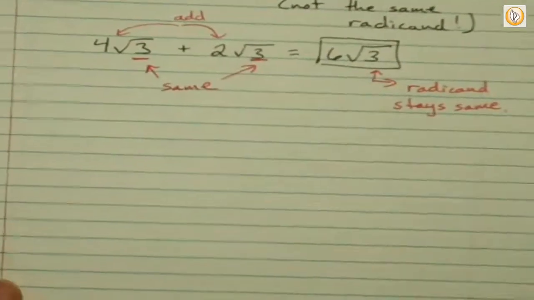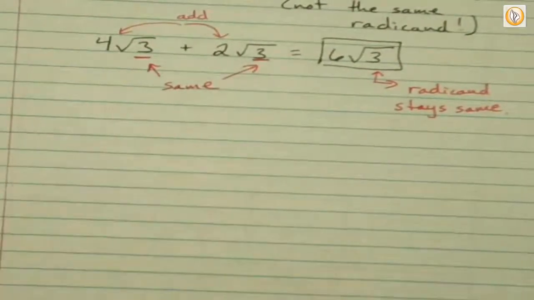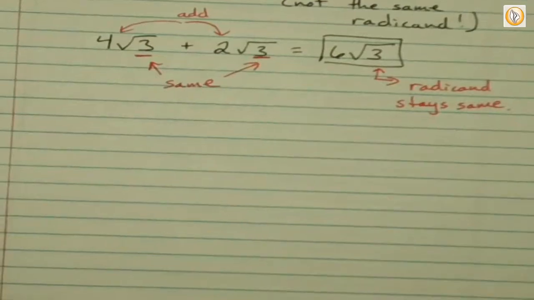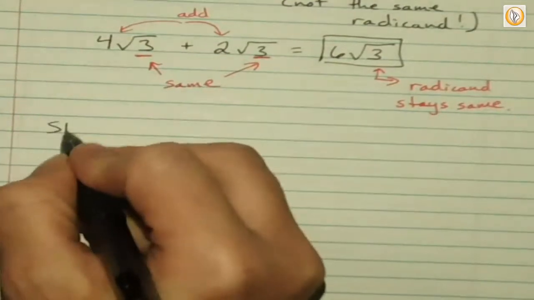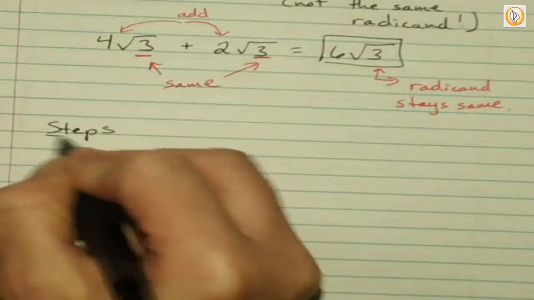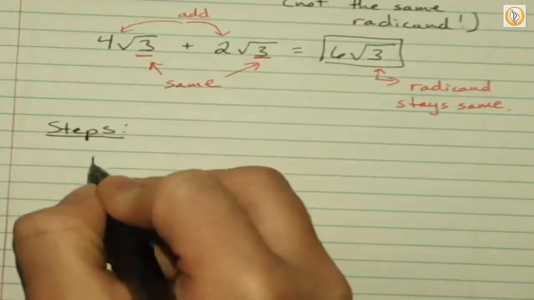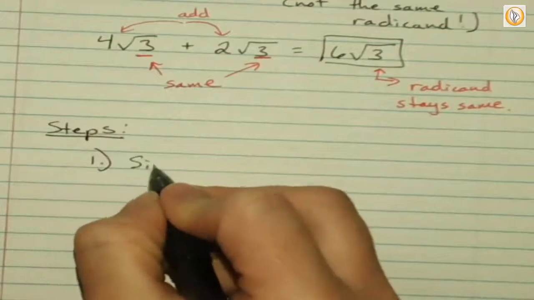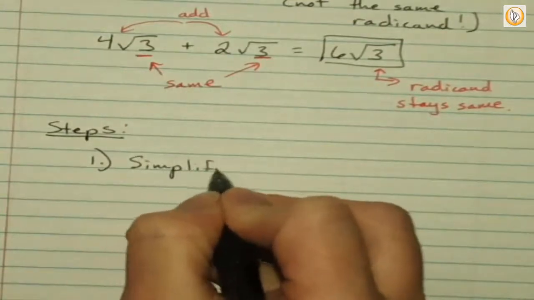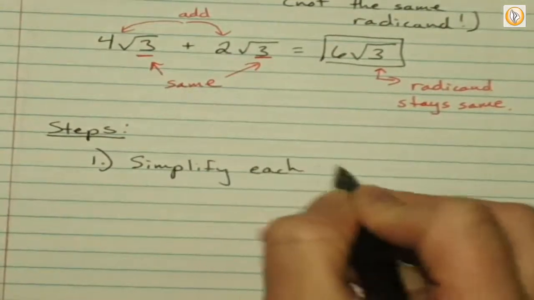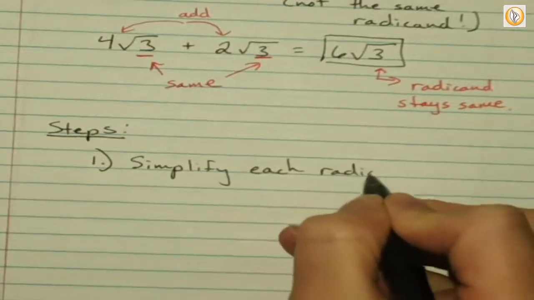It's less steps. You don't have to sit there and say, well, what can we do with this? Can we simplify it? Can we divide it? You're not using as many brain cells. So steps. Step 1, you're going to simplify each radical.